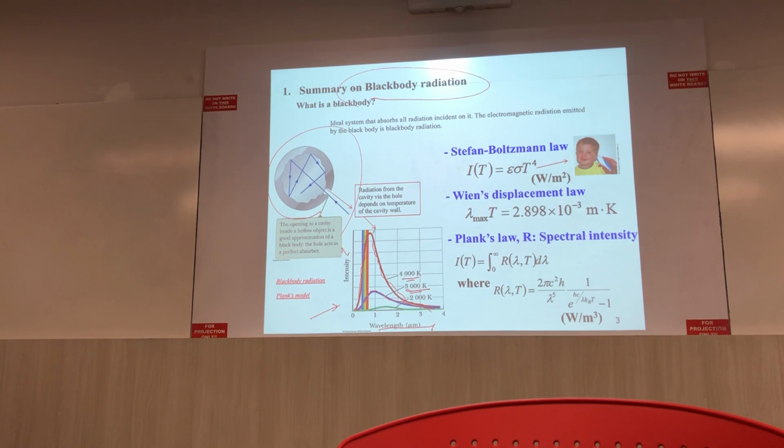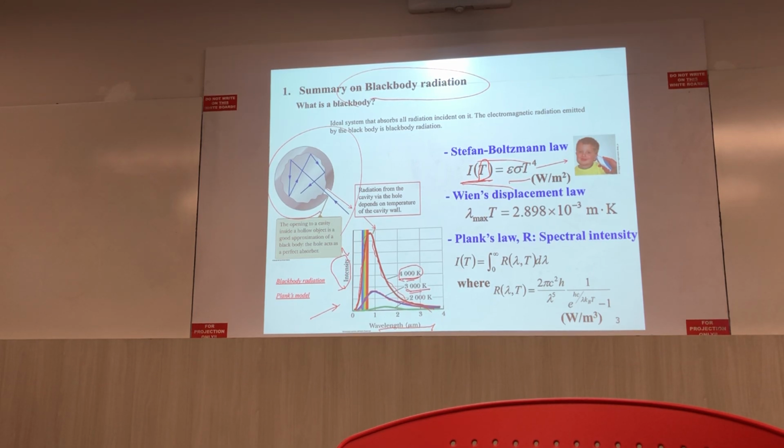When scientists tried to model this black body radiation, Stefan Boltzmann discovered an important relation: the intensity of this radiation at any given temperature is proportional to the temperature to the power of 4.